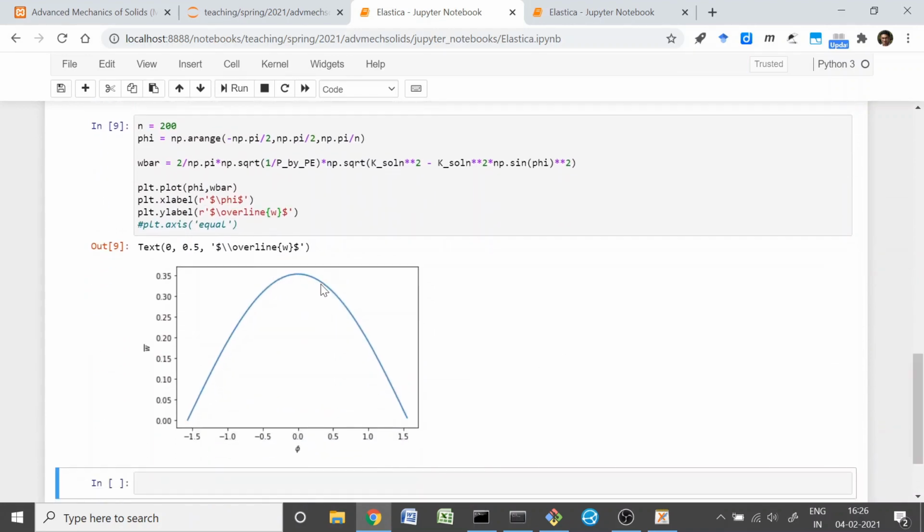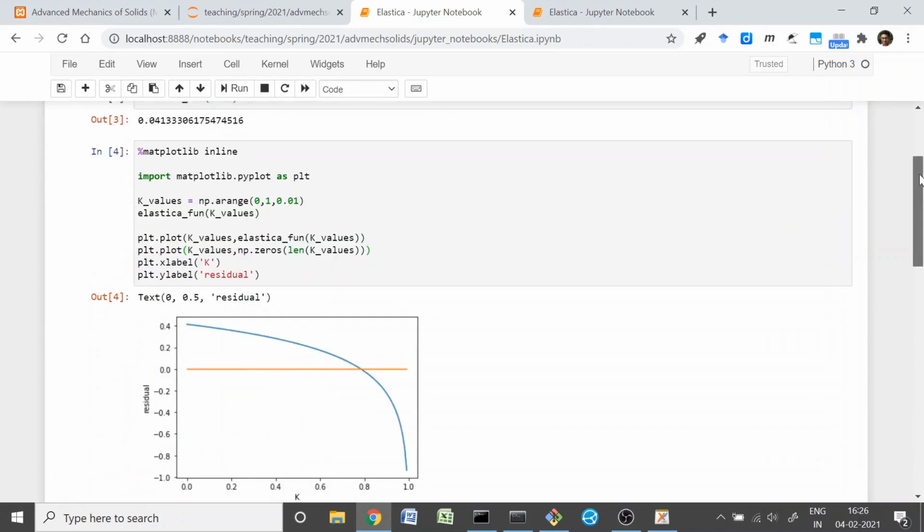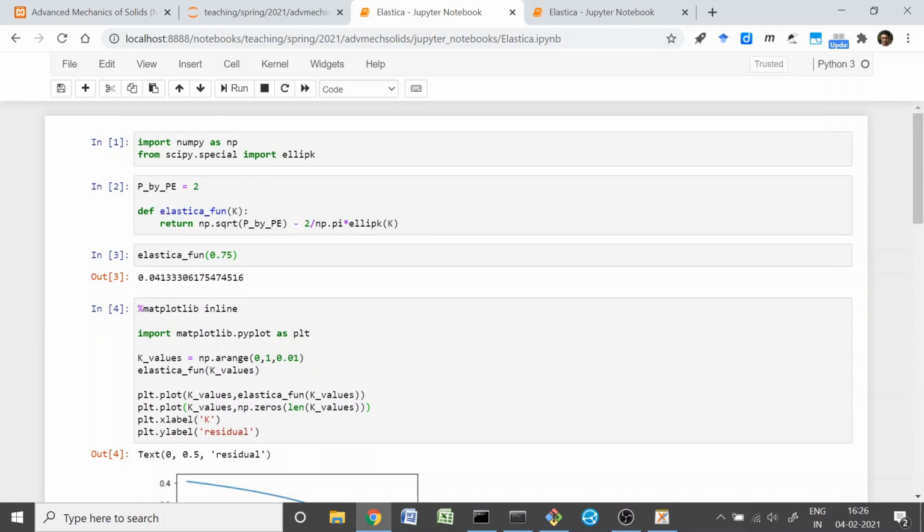You see it has increased. Okay, now what I'll do is I'll reduce this value to 0.5, and this time I'll not run all the cells together, rather I'll just run them one by one.